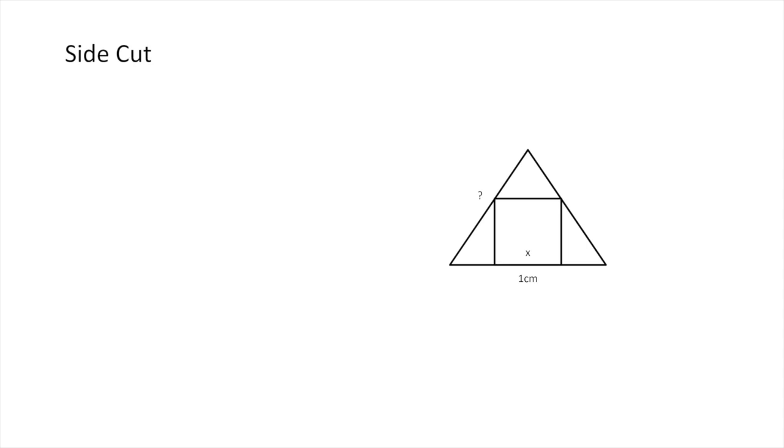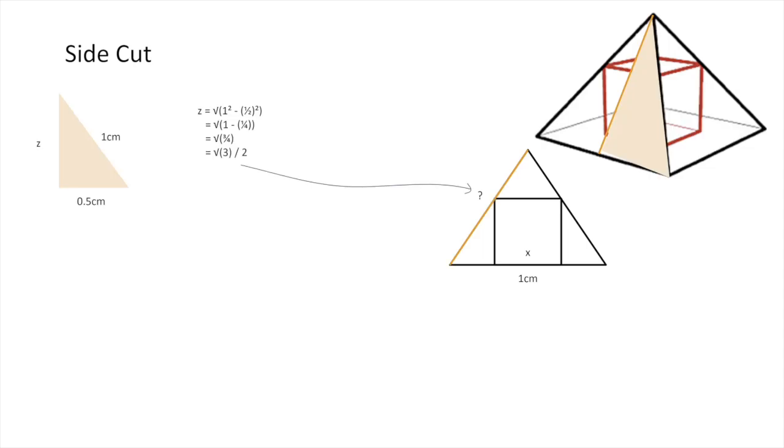So, we might have to do a bit of working to find that out, and that is what we are doing next. If we look at one of the flat sides of the square pyramid, what we can see is we actually have a right angle triangle. Very helpful.